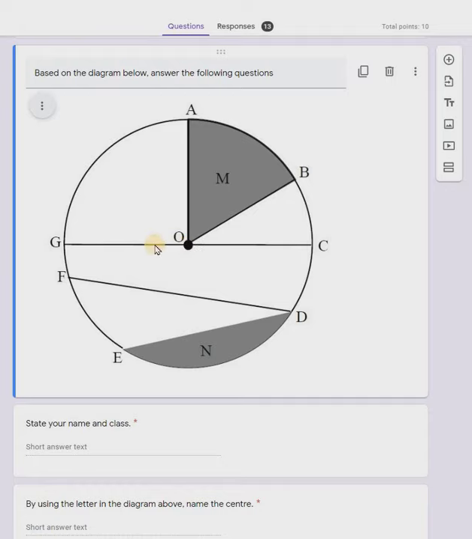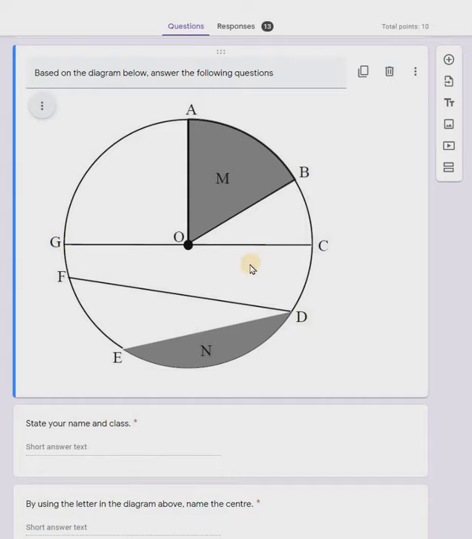This is a diameter. So GOC, or another way, COG, is the diameter. Sometimes we can skip the point in the middle and say CG or GC only. So the diameter is this line, GC or CG.